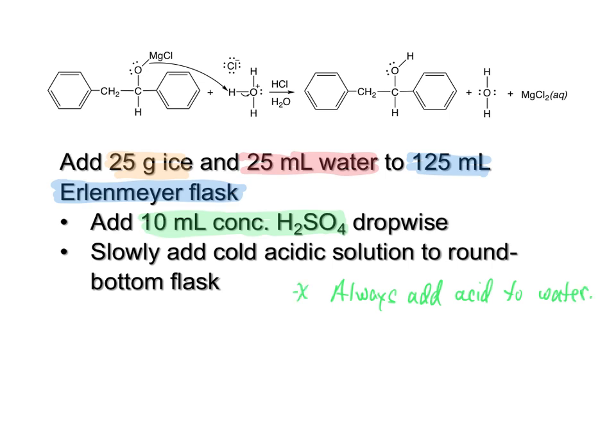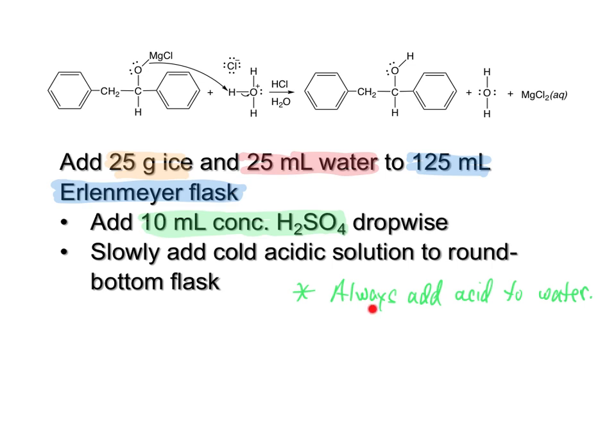That is a general lab rule, because mixing acid and water creates an exothermic reaction, and you need lots of water to absorb the heat. Otherwise, you can get the water to boil and you can get a spattering of the acid, which you don't want. So you always add acid to water.